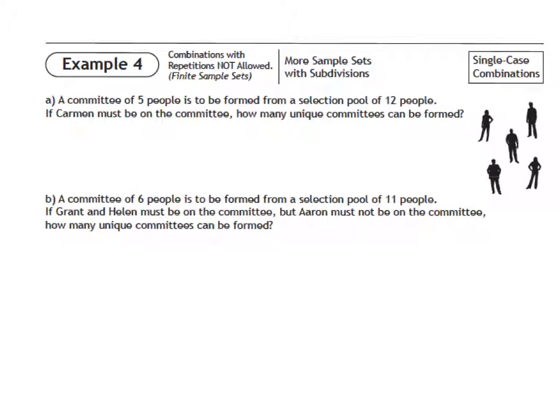So really, what do you have to choose? 11 choose 4. Yeah, you have to choose 4 people out of 11 because one of those people is already automatically chosen. So it's just going to be 11 choose 4, which is 330. 330 different committees could be formed.